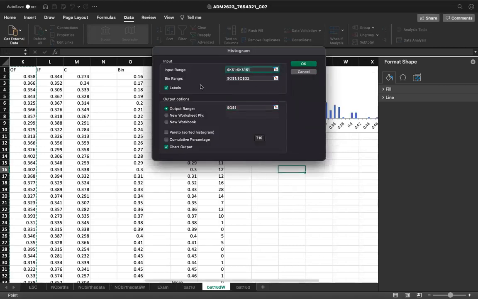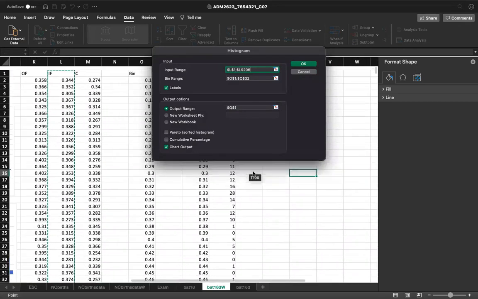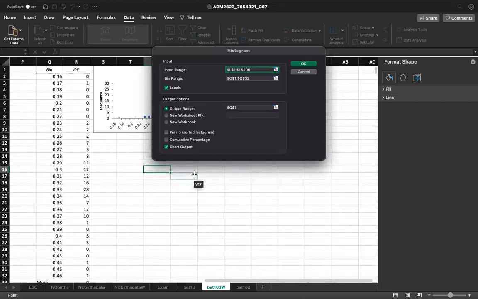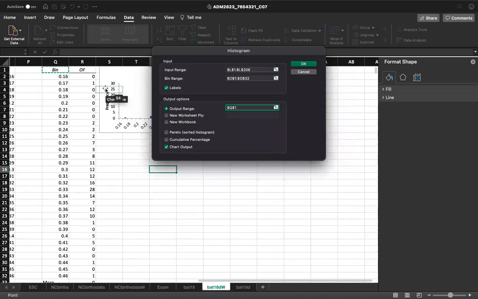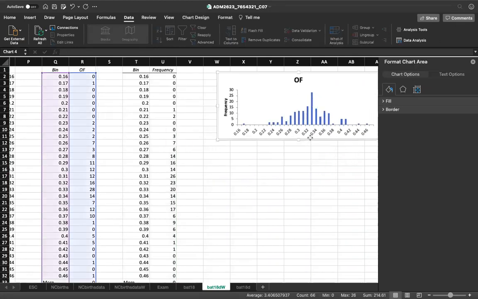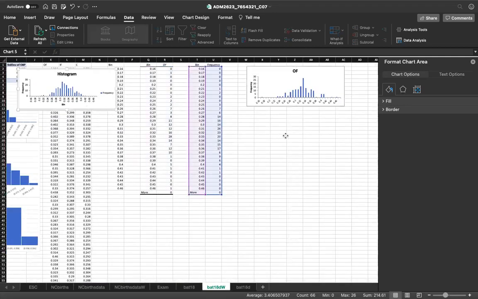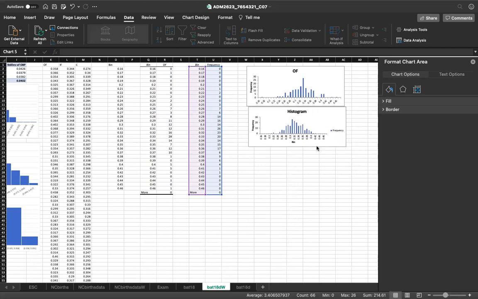We only change the input range. Rest of the things remain same. Okay, output, we may want to place it elsewhere. Let's put it at T. And here is our histogram for IF.